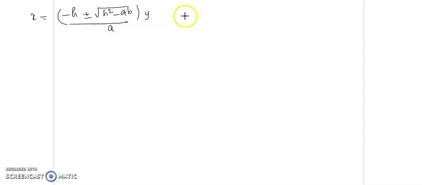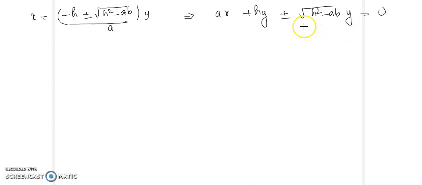So we are going to get x equal to minus h plus or minus root of h square minus ab, y is common, by a. So that implies you have ax plus hy, again plus or minus root of h square minus ab y equal to 0. So this is going to be the equation of a pair of straight lines.